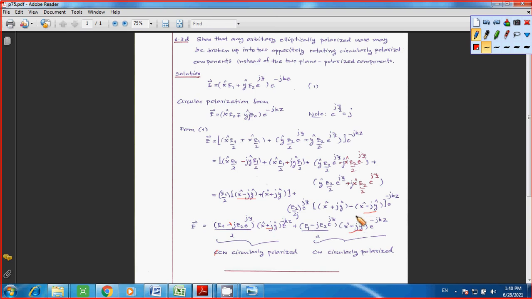Negative pi over 2. So this one is going to be a counterclockwise circularly polarized wave. Okay, so that's problem 6.3d. They want you to show that any arbitrary elliptically polarized wave can be broken up into oppositely rotating circularly polarized components.